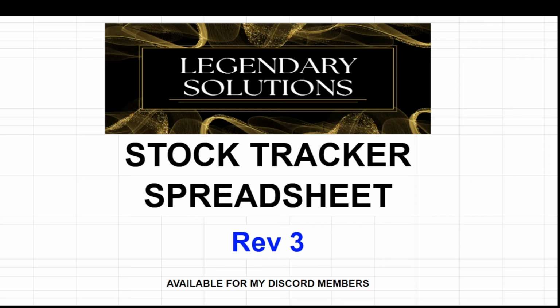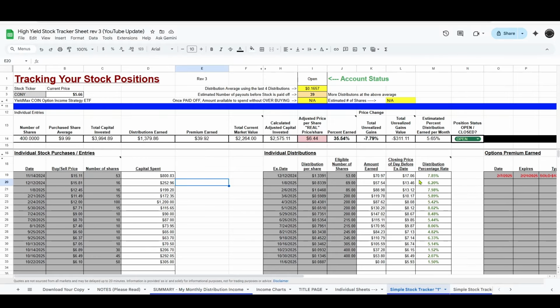So let's just go ahead and we'll jump right into that spreadsheet. I'm going to do a quick overview of what it does, what it does provide for you, and some of the changes from the Rev 2. All right, so to start it off right here, you can see this looks somewhat familiar, right? And the reason I do try to keep the entry points the same is because if you already have a Rev 2 of this sheet, it just makes it a little easier to update it, right?